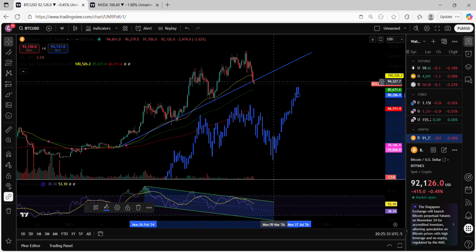They're both at the top of the food chain, and they have similar charts. It's just that the action in Nvidia is a sped up version of what potentially is going to occur in Bitcoin.